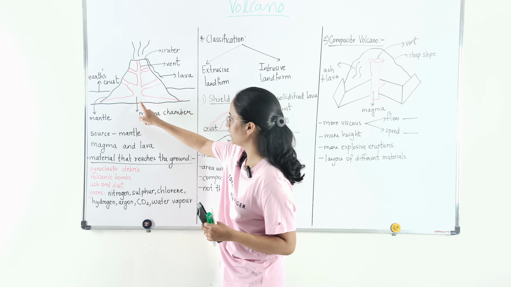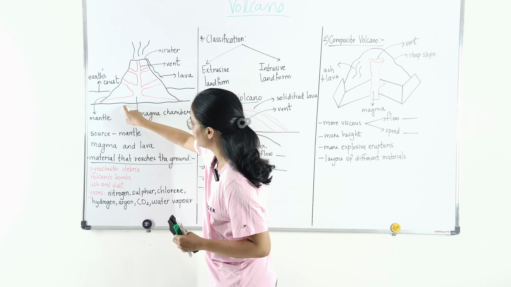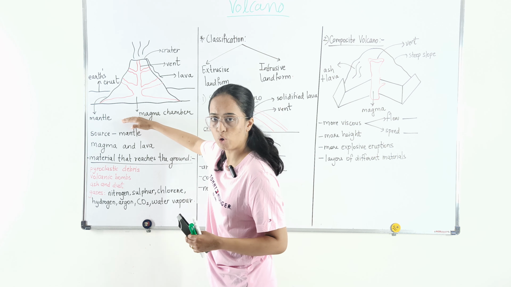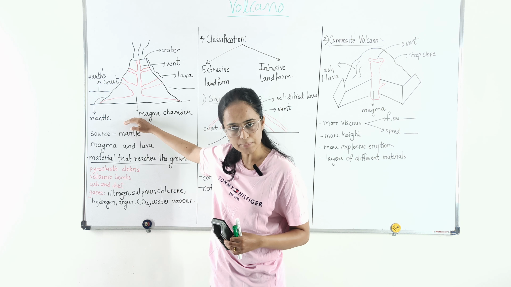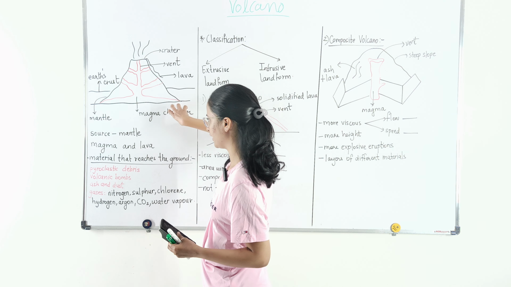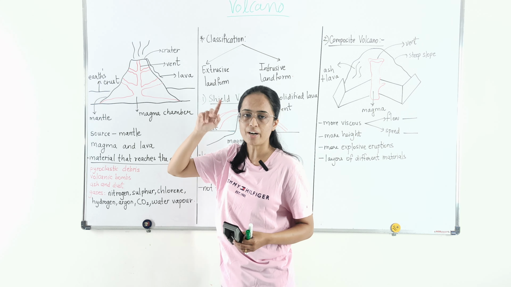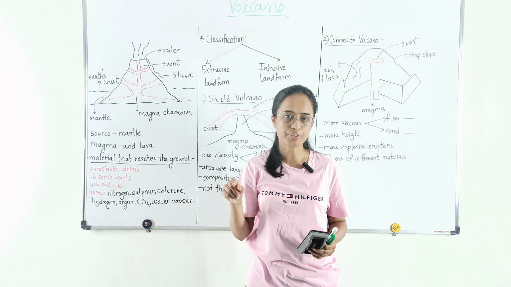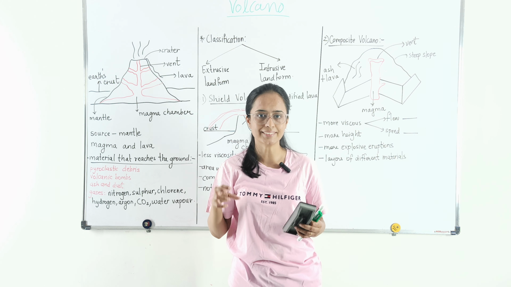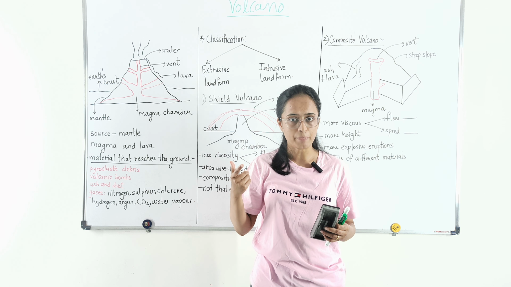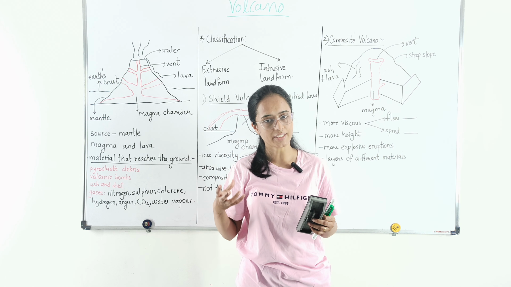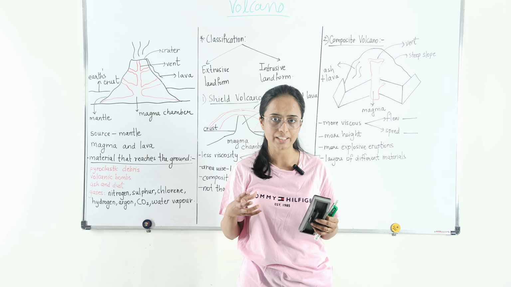So here if you see, this is the vent and this is the magma chamber. Here you have the molten material which is called as the magma, and hence this is called as the magma chamber. If you try to remember the first video of the interior of the Earth where I told you about the asthenosphere, we all remember that asthenosphere is that part of the interior of the Earth which has got semi-solid material in it.